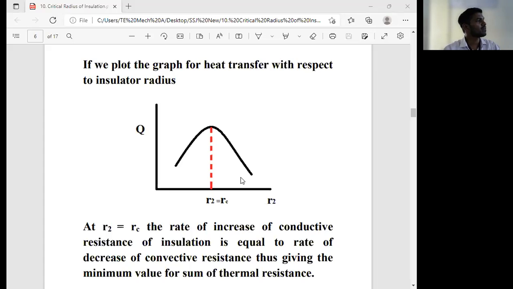What is the size of that particular insulation? क्रिटिकल रेडियस पेक्षा इन्सुलेशनची रेडियस जास्त असेल तर हीट फ्लो डिक्रीज होणार आहे.